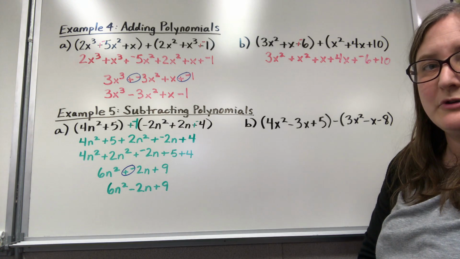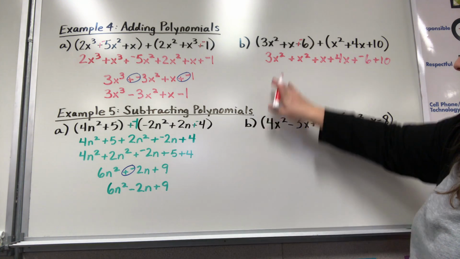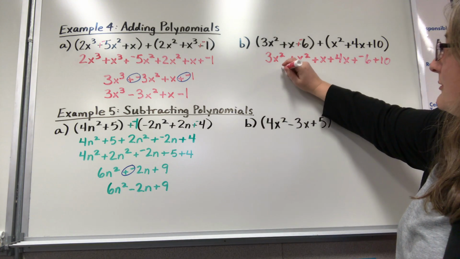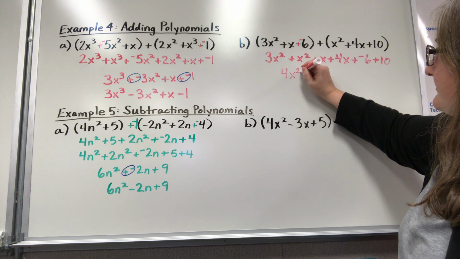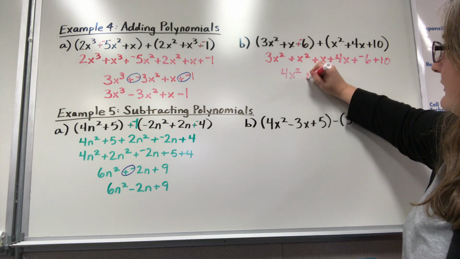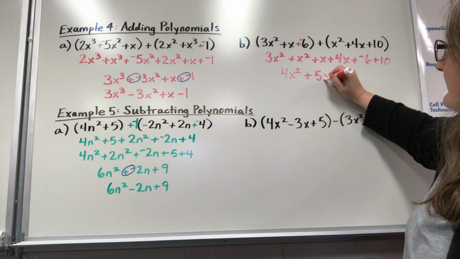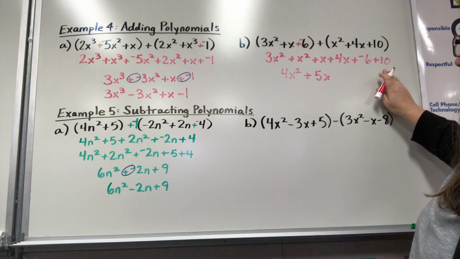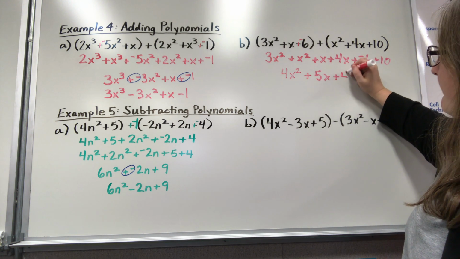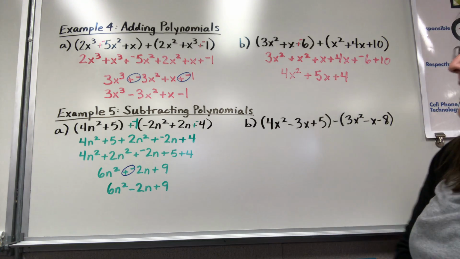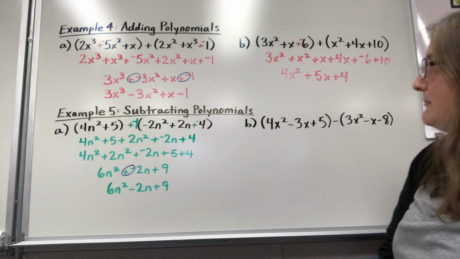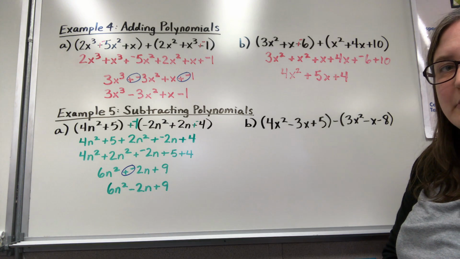Now things that are the same degree are going to be combined. So 3x squared and x squared is going to become 4x squared. x and 4x is going to become 5x, and negative 6 and 10 is going to become 4. And since I don't have any plus negatives in my problem, that is my final answer.